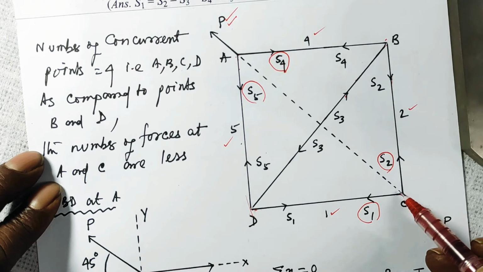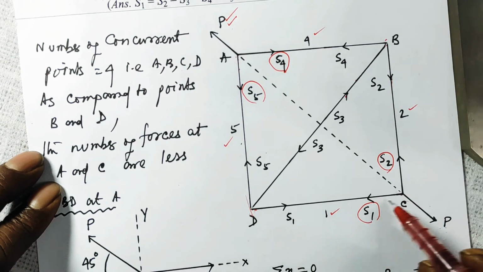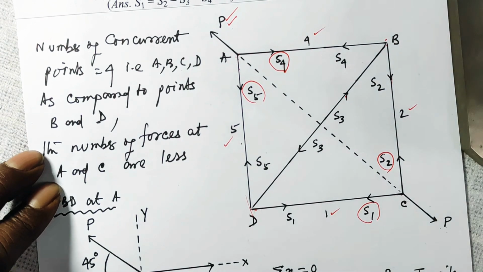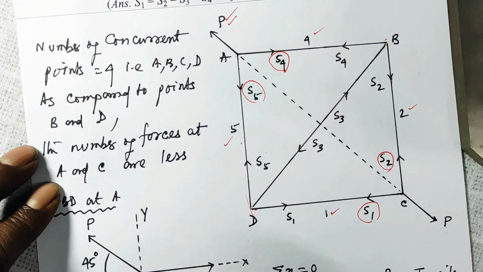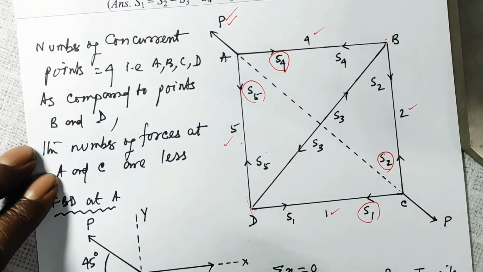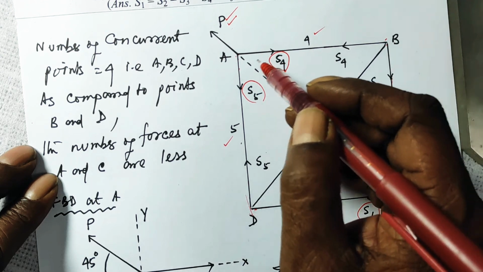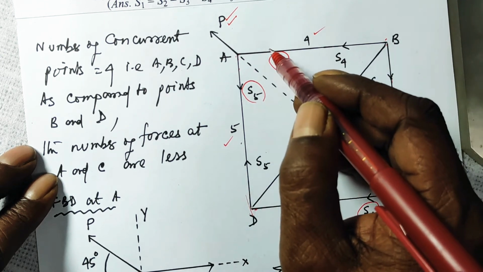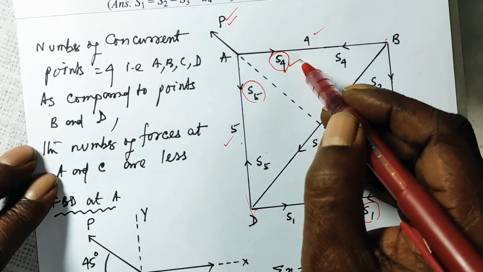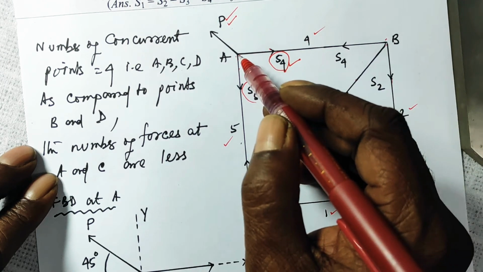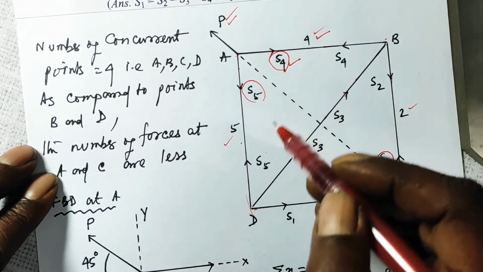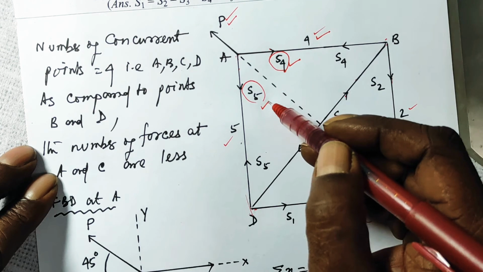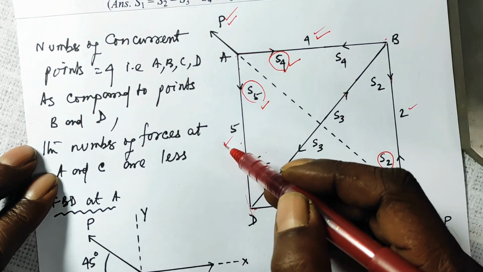Similarly, if the point C is pulled to this side, the bars DC and CB will be under extension. So the axial force for this bar will be away from the point A. Let it be S4, because this bar is named as the 4th bar. S5 to this side because this bar is named as bar 5.